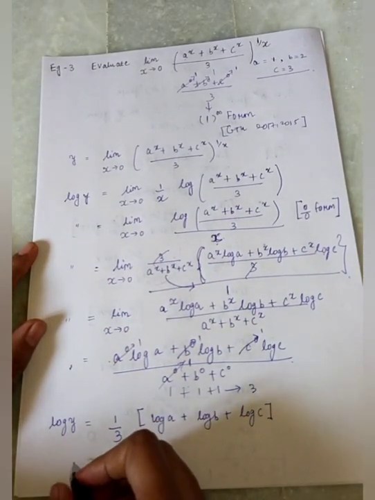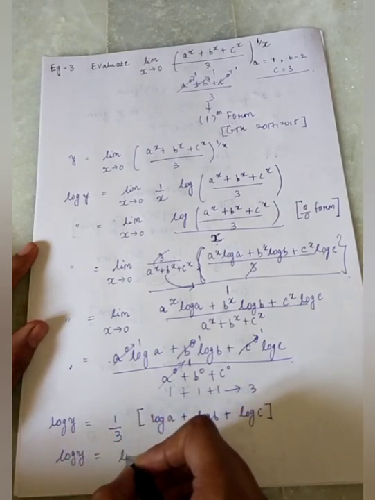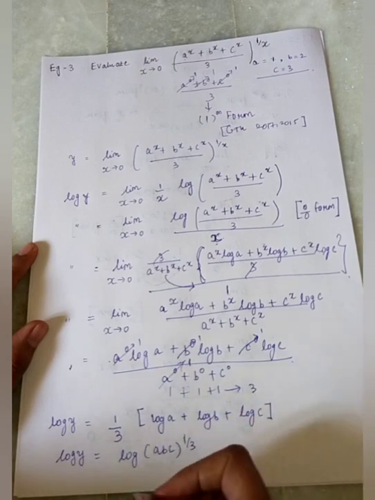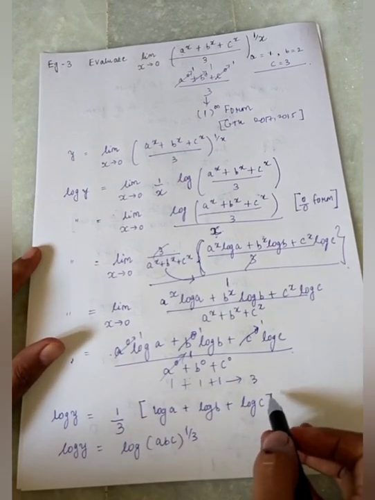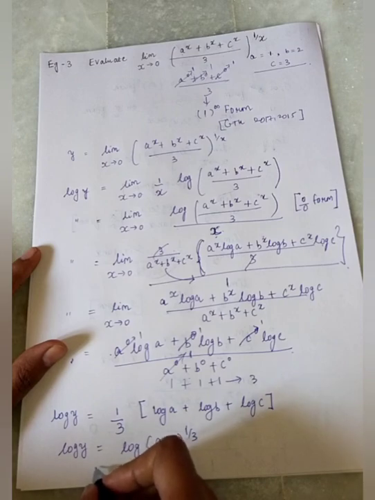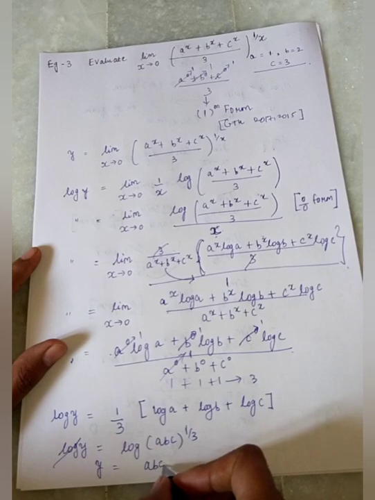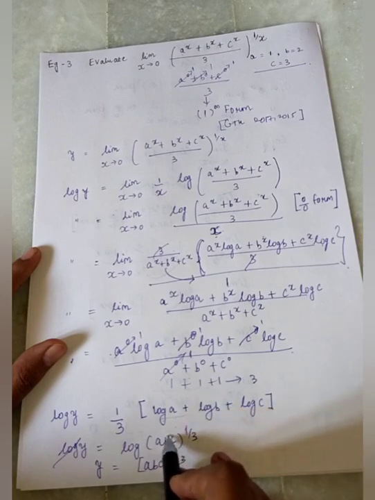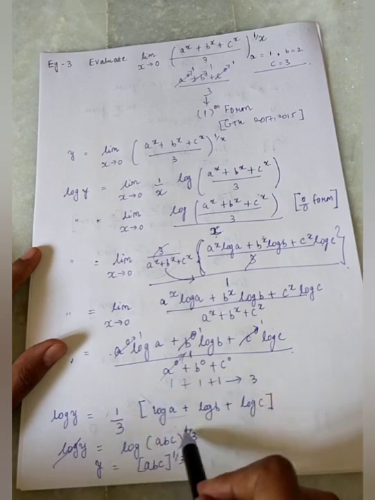So we can write log y is equal to log ABC raised to 1 by 3. Whenever an addition of logs is taken into a multiplication term, this 1 by 3 will go up as the power.